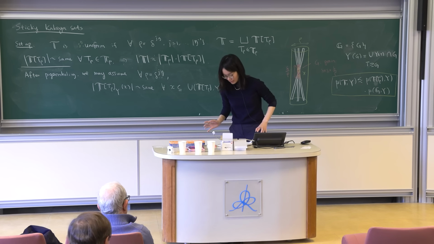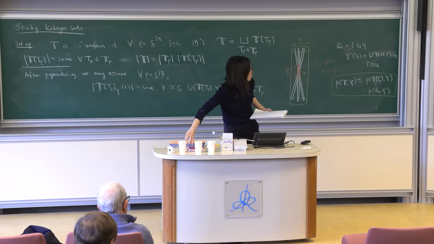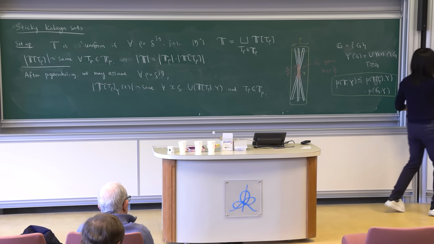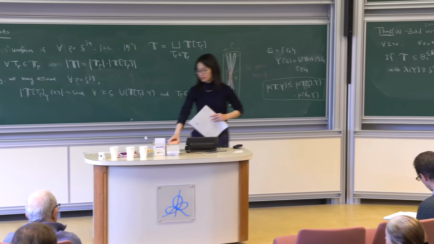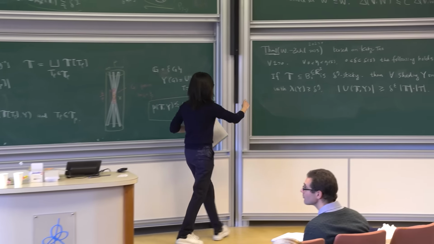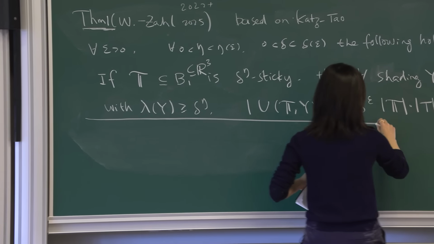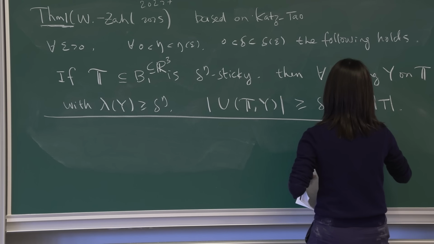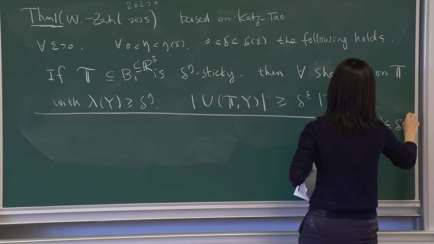Yeah, so before the end, let me just talk about the inductive statement to prove this Theorem 1. So previously we said that this is equivalent to the multiplicity bounded by delta to the minus epsilon.